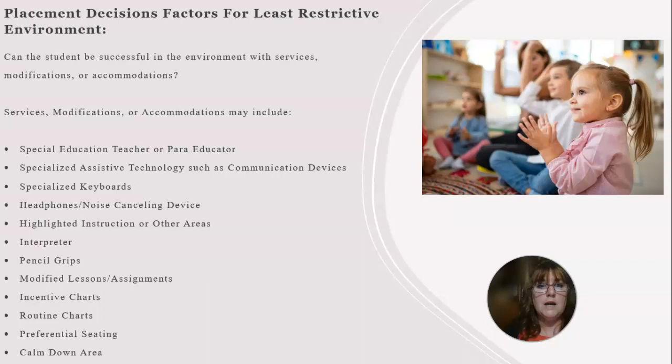So some of the high-tech might be the assistive technology like the communication device that a student might need. Low-tech, I'm sorry, would be more like incentive charts or preferential seating. So those types of things.